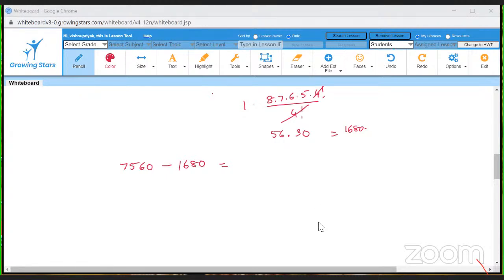Out of them, L's together 1680. That means L's not together will be left-over ones. From 7560 words, you subtract these 1680 words, and what is left is 5880.